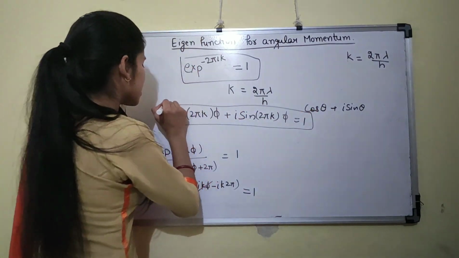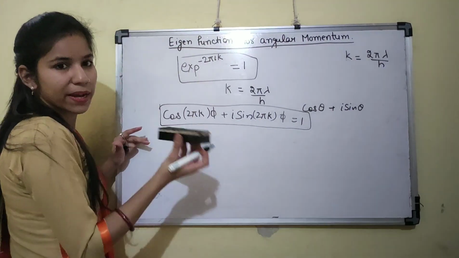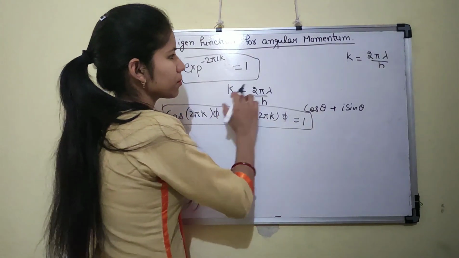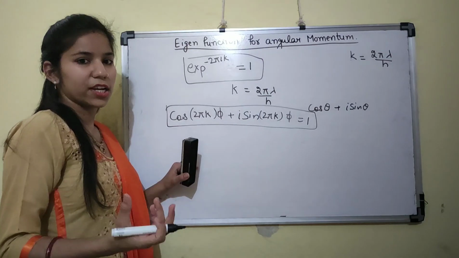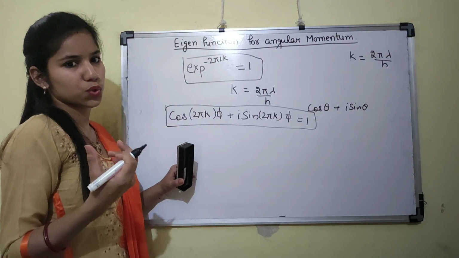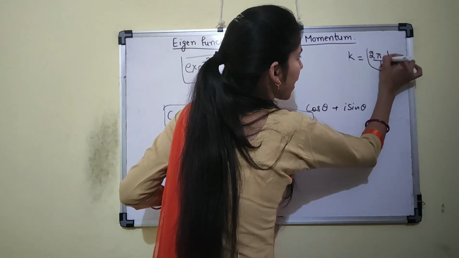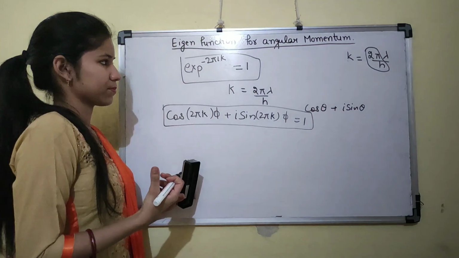And in this, the value of phi is 0, plus minus 1, plus minus 2 and plus minus 3. And from the value of k, it is concluded that the value of lambda is 0 and integral multiples of 2 pi by h according to the Bohr model.